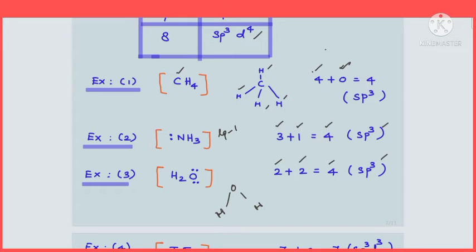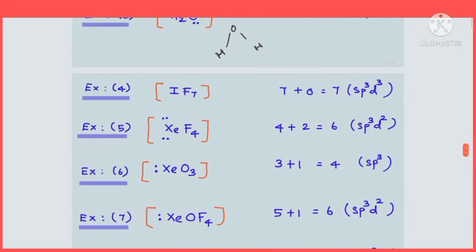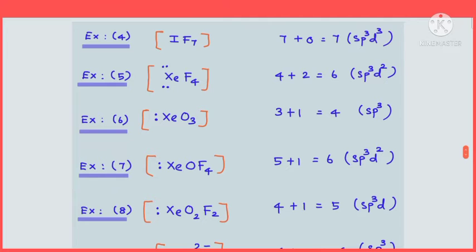Let us go to the next example, example number 4, the interhalogen compound IF7. Halogens have 7 valence electrons. Iodine is bonded with 7 fluorine atoms. In the sense, iodine has used all its valence electrons to make bonds with fluorine atoms, which means it has no lone pair at all.